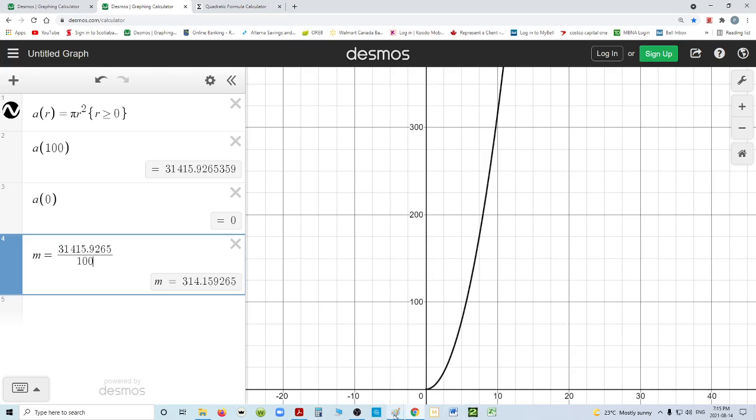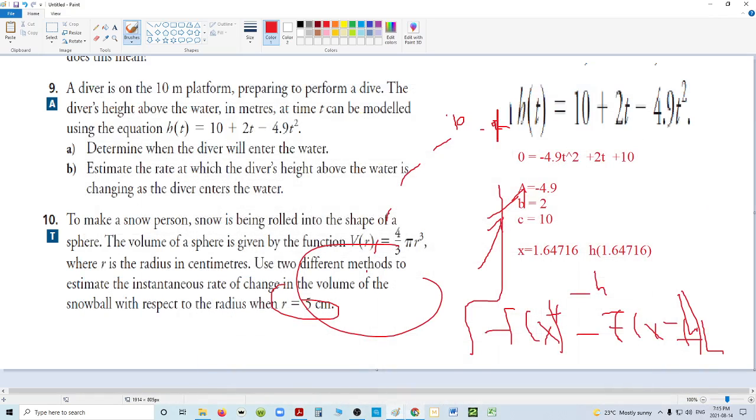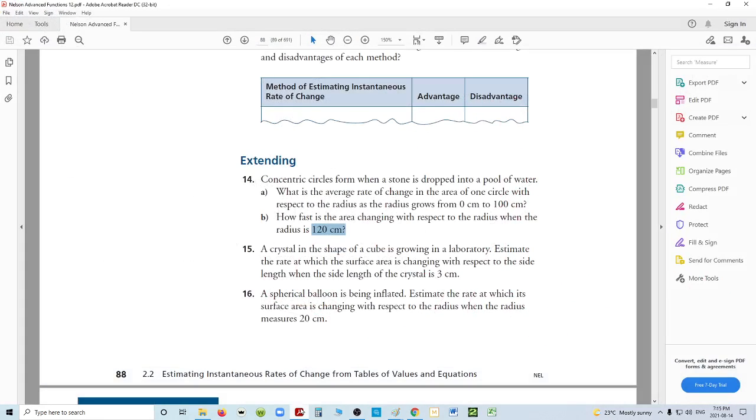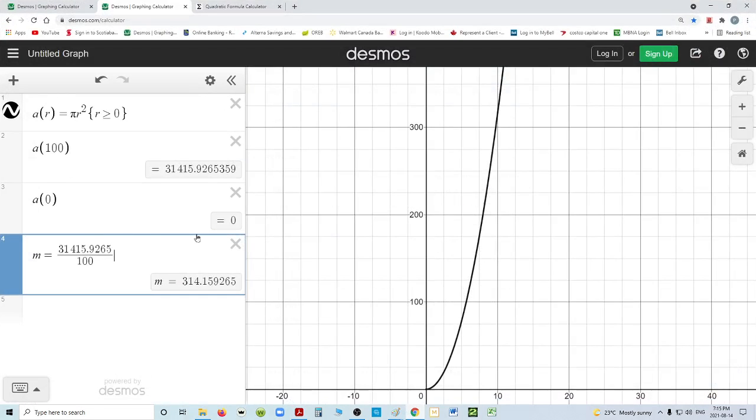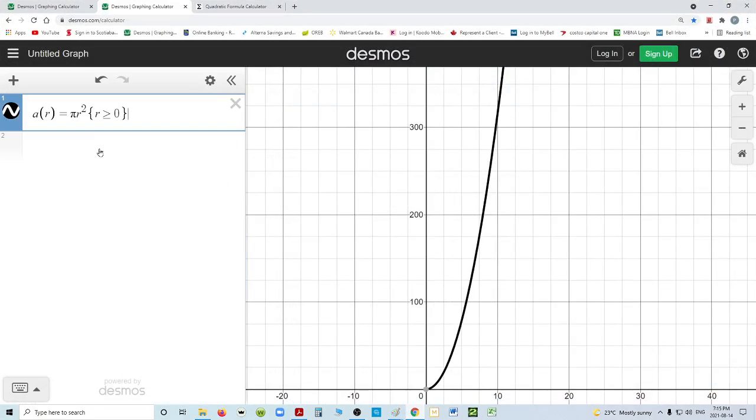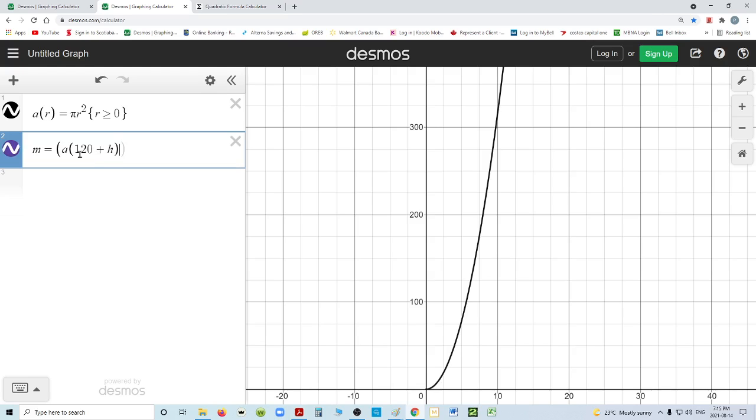That's interesting. What about the rate of change when it just asks us to calculate the instantaneous rate of change when the radius is 120? Okay, for that I'm going to skip these two, and I'm going to call my rate of change m, and I'm going to call it a of r plus h, which is 120 plus h, minus my a of 120 divided by h.